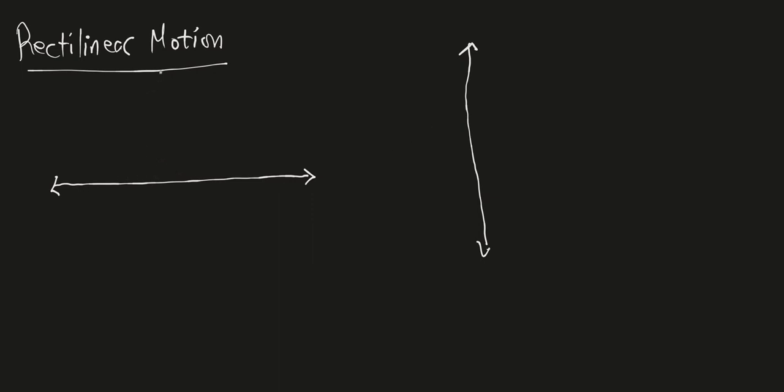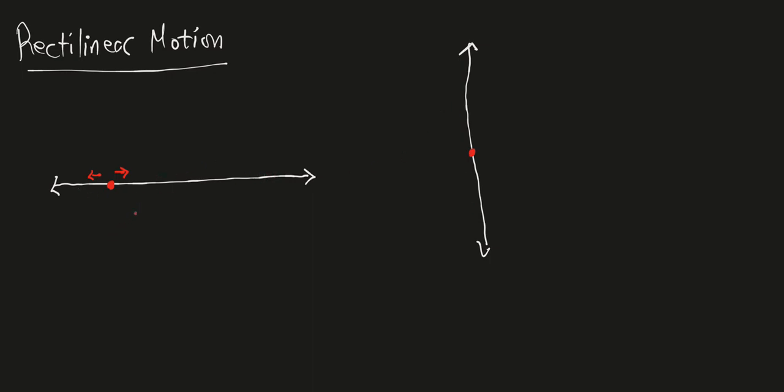And along this axis, you will have an object traveling either, if it's horizontal, either left or right, so you'll have an object somewhere there and either going this way or this way, left or right, and it might be changing direction at different times. And then if it's a vertical axis, then it's going up or down, right? So these are the types of lines that we're referring to.